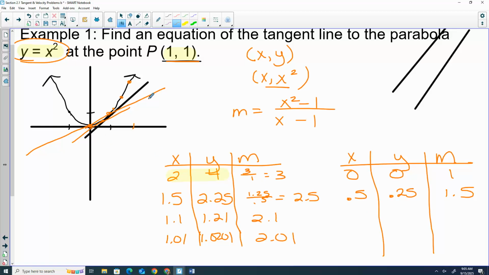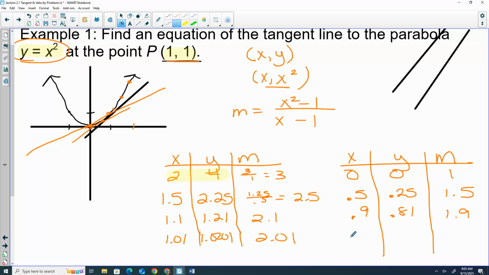What could I do? We're trying to get close to when x is 1. What would be closer? 0.9. Okay, if you did a y, that's 0.81. So then y2 minus y1 over x2 minus x1 gives me 1.9.